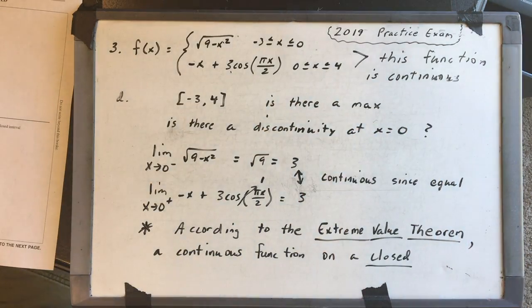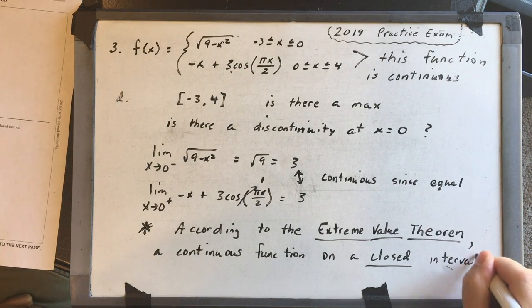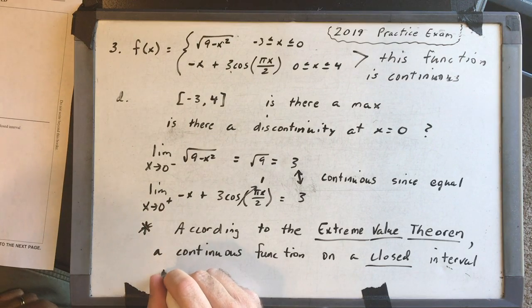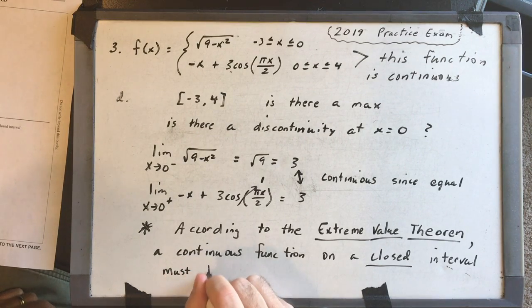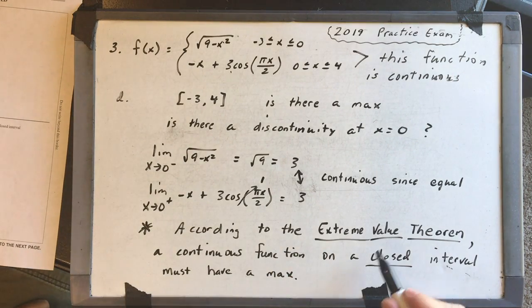If it's open, you can't have a max or min on an open interval, at least at the endpoints. So the key terms there I underlined: extreme value theorem and the fact that it's a closed interval.